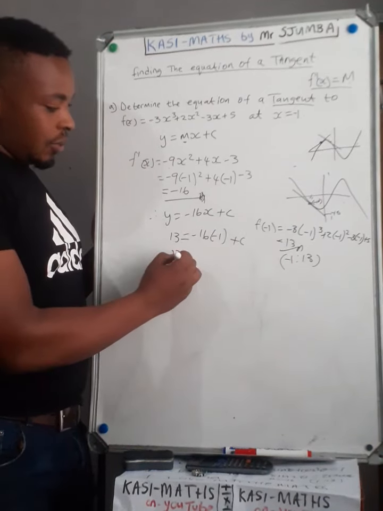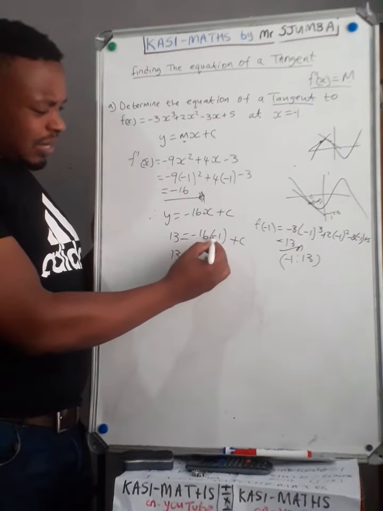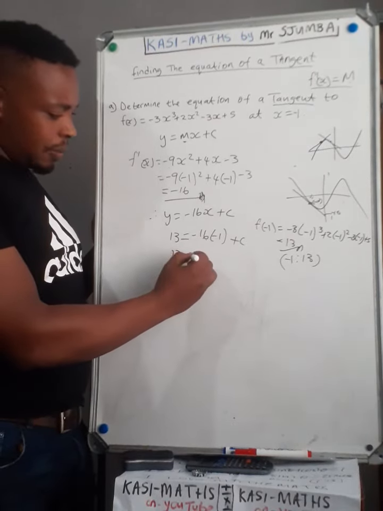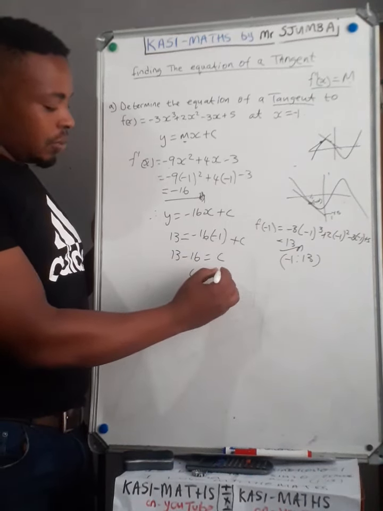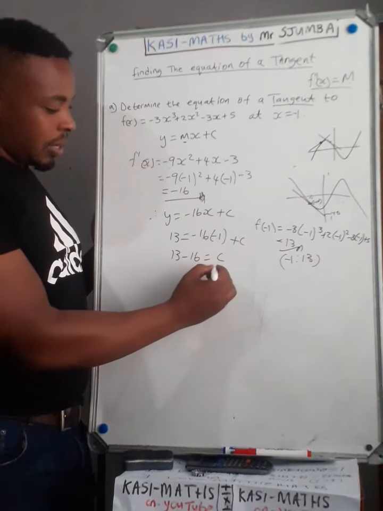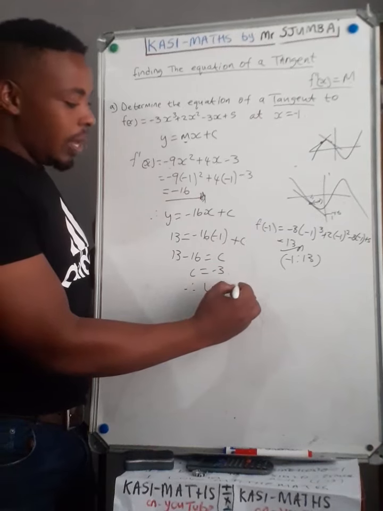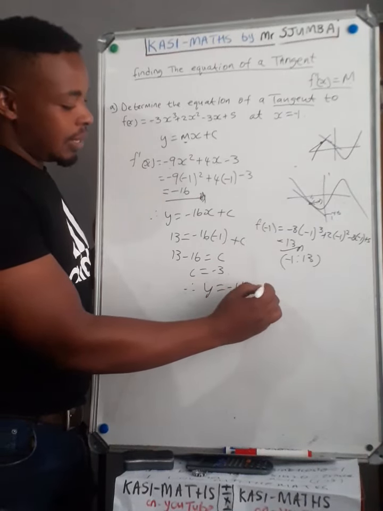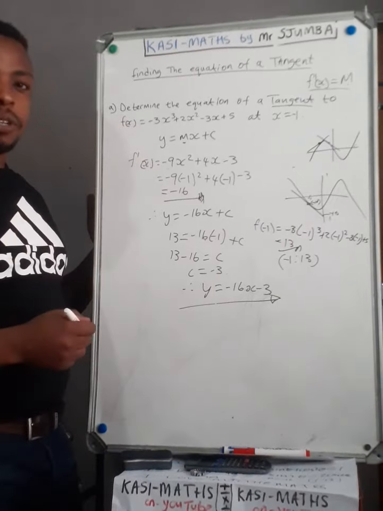So 13 equals 16 plus c, which gives c equals negative 3. Therefore our equation is y equals negative 16x minus 3. This is the equation of the straight line.